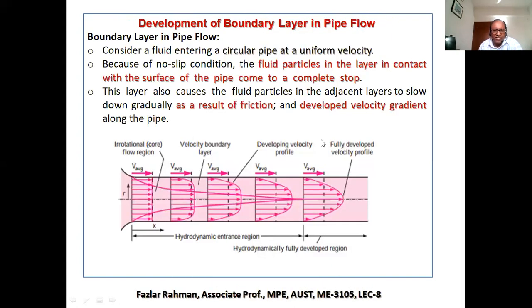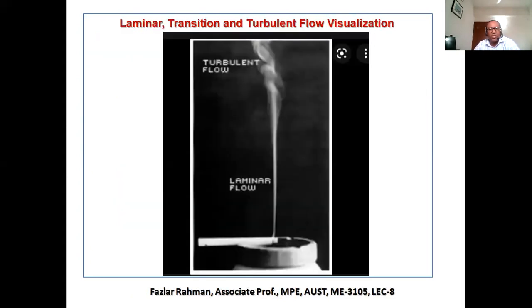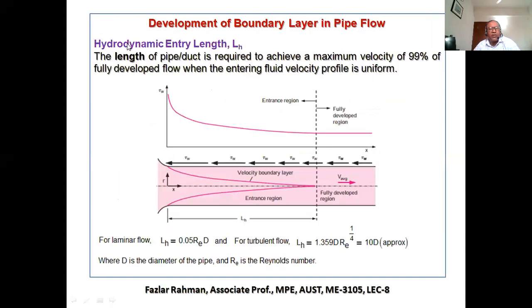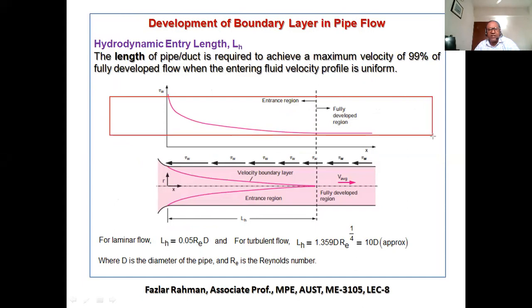Now, there is one thing we need to know, that is called hydrodynamic entry length. What is that, and why do you need it? For example, you are working in a chemical industry, and there is a pipeline, say this much size.